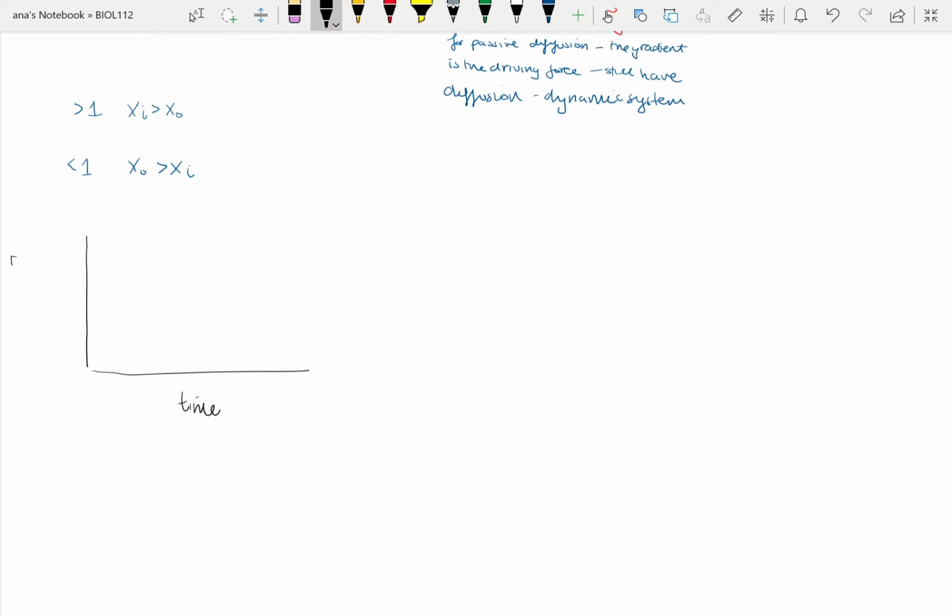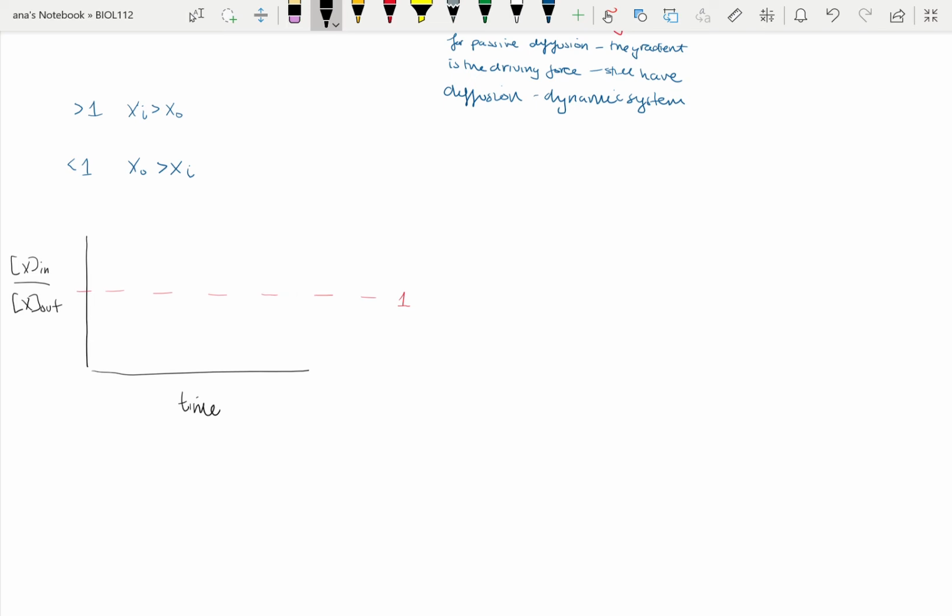So I'm just going to say concentration of x in versus concentration of x out, where x is whatever molecule that you're looking at. And then a great thing to do would be to draw some kind of line representing 1, because it also just gives you perspective to know what's going on.